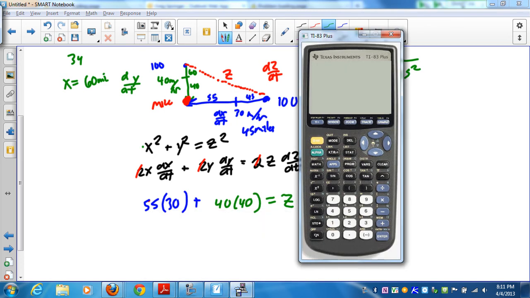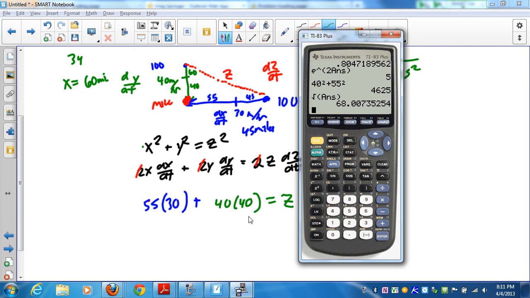So we have 40 squared plus 55 squared, and we're going to take the square root of that. And what do we get? 68.